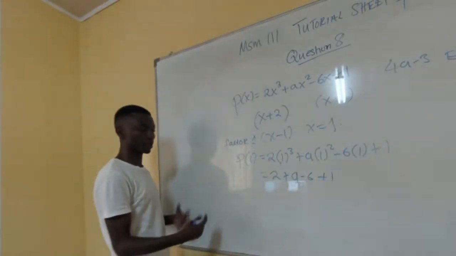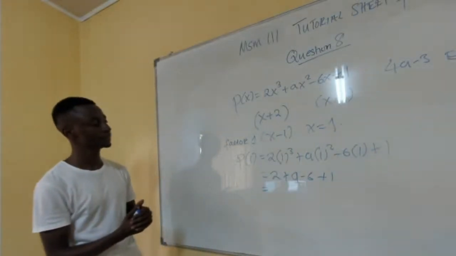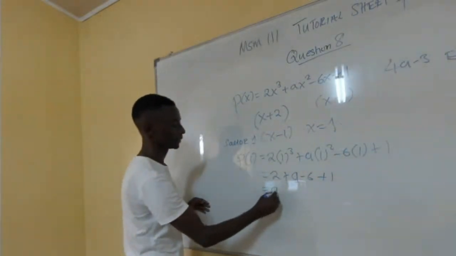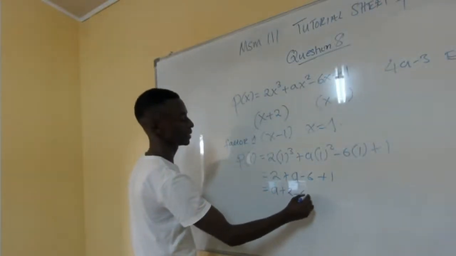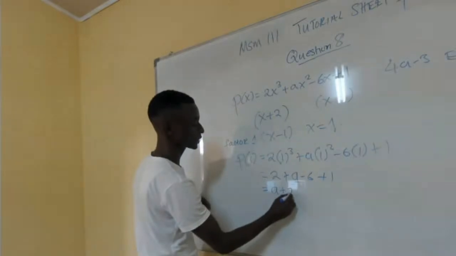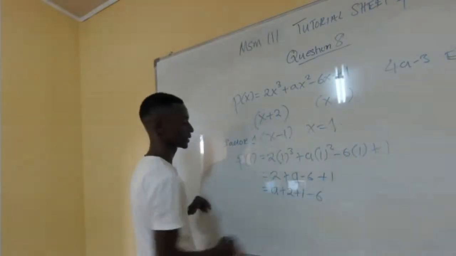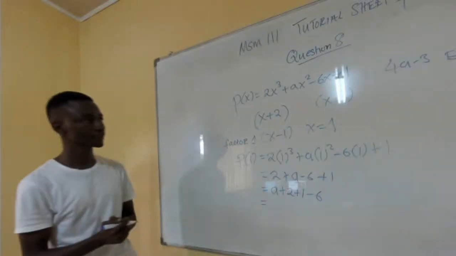So now let's collect the like terms. We put things in order. So with a, plus 2 minus 6 plus 1. Or let me just do this. We say plus 2 plus 1 minus 6. So what is it that we're getting?